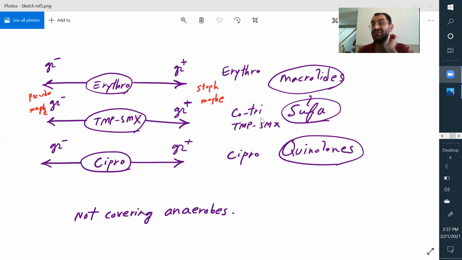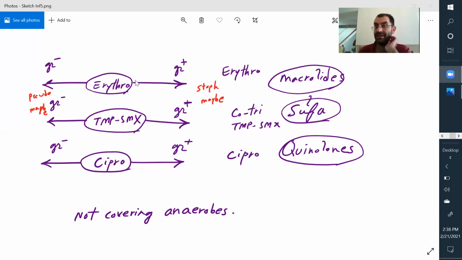It is a sulfa drug. And quinolones like cipro, or other fluoroquinolones. We picked these as prototypes of each category.